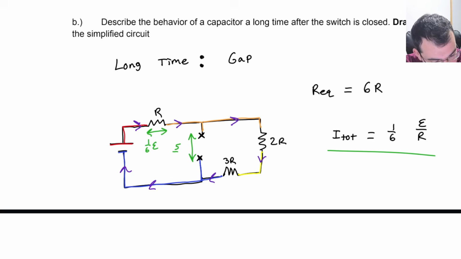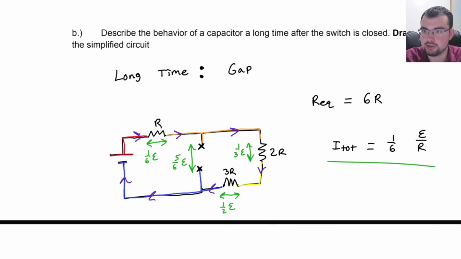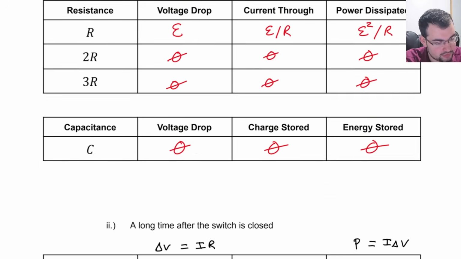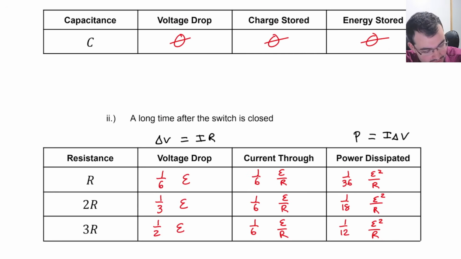It's actually the inverse of the other one. You also could have done it by noticing that orange to blue is the same thing as going through each of these resistors, so it's 1/3 plus 1/2, which is 5/6. That works as well. So our voltage drop is not the full battery EMF, but actually just 5/6 of it.